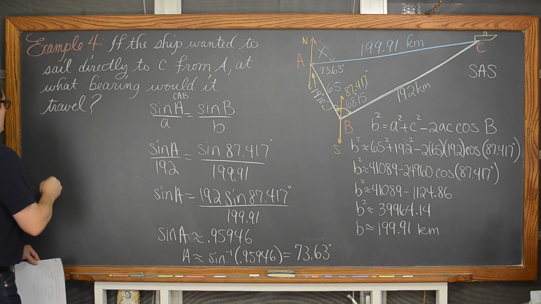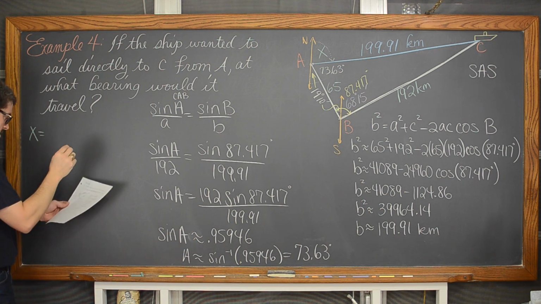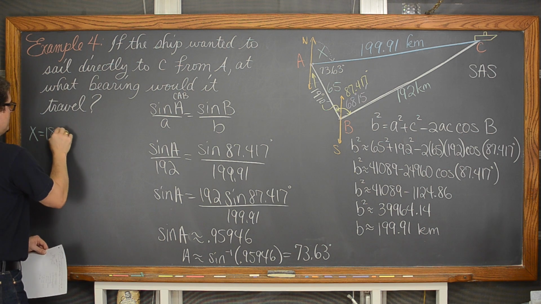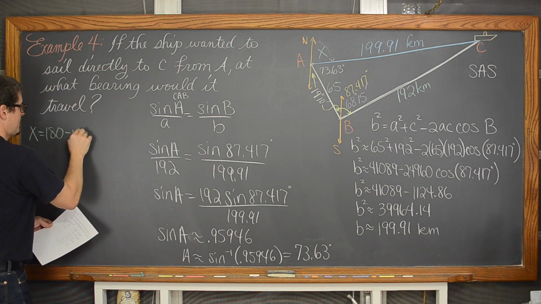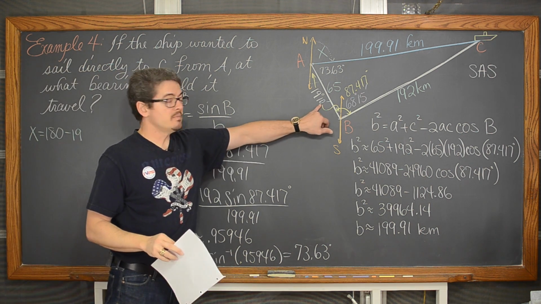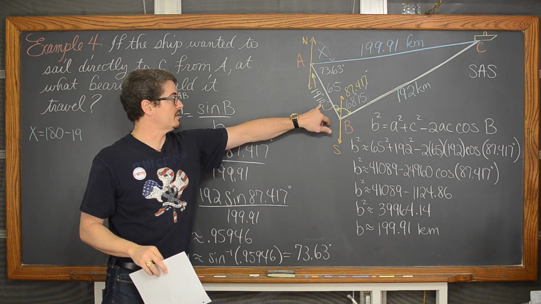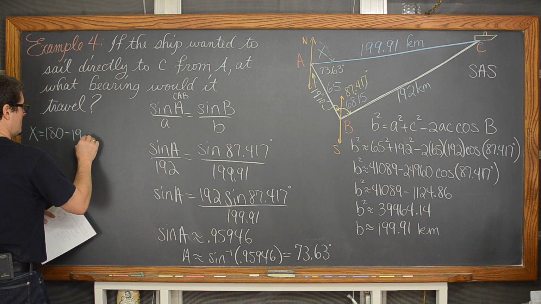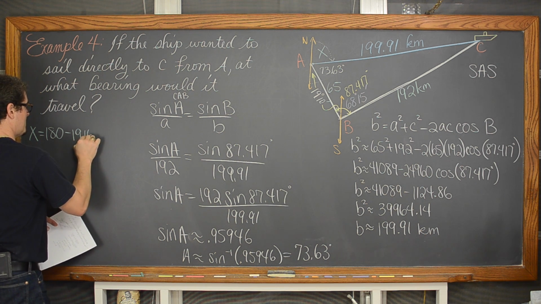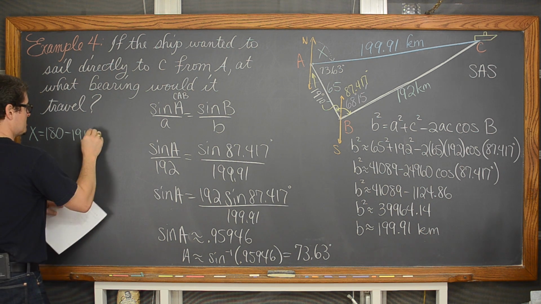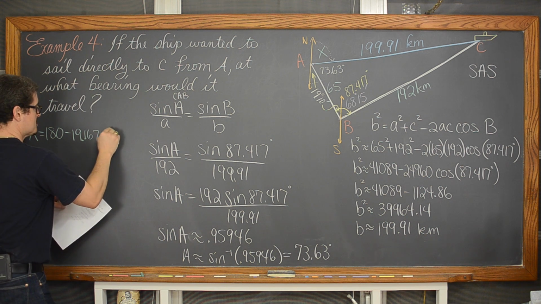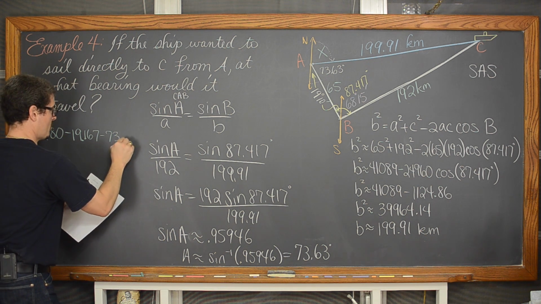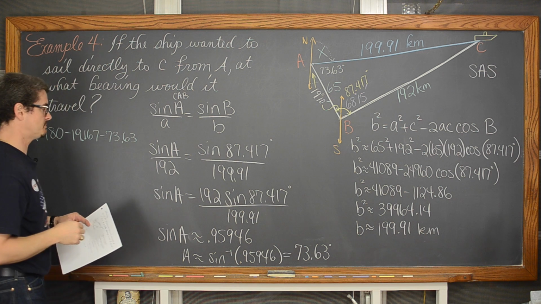And so X is equal to 180 minus 19. Now, 10 minutes divided by 60 minutes to convert that into a decimal approximation is approximately equal to 19.167 minus 73.63.